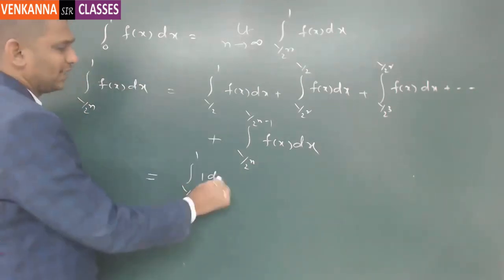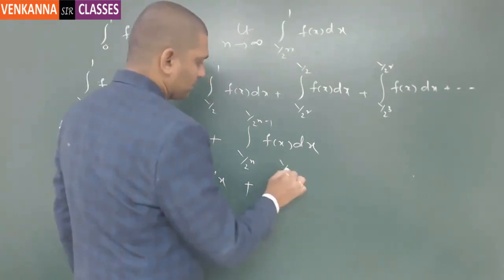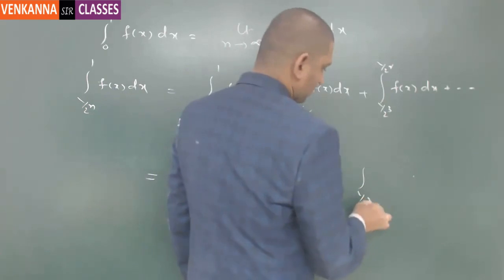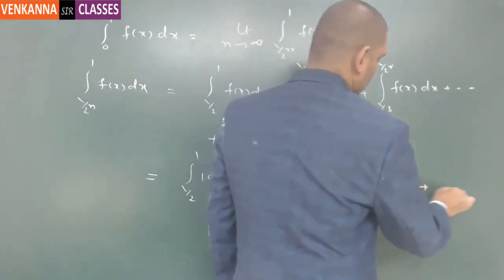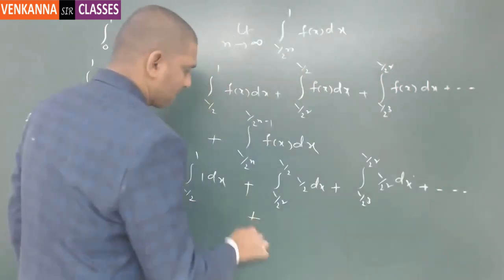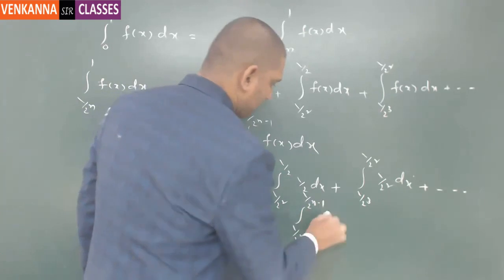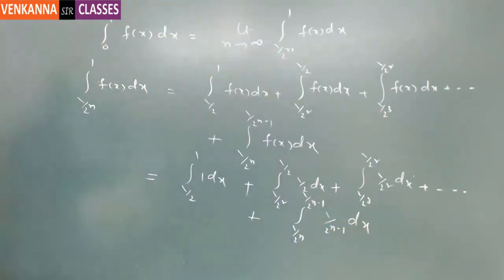Here the value is 1 dx. So I have taken these values as per the bifurcation considered.